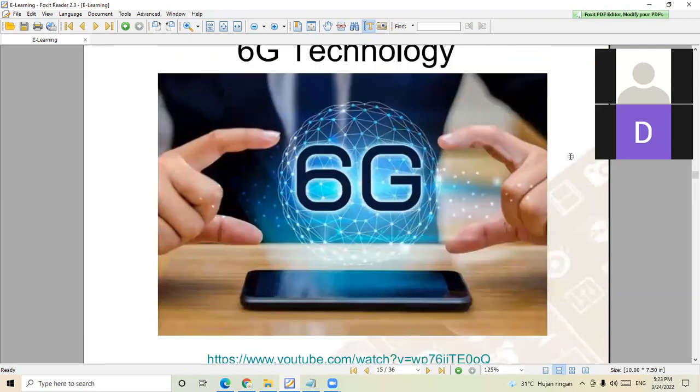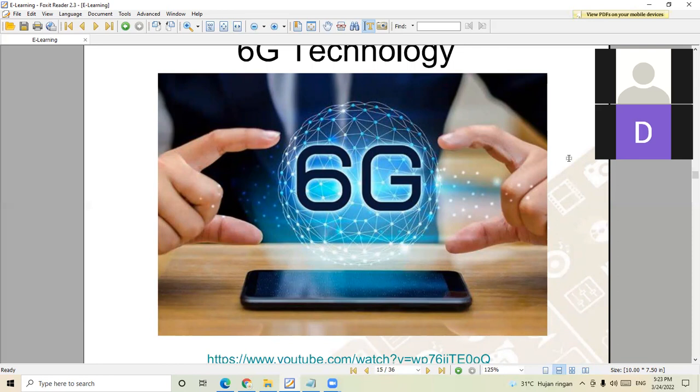Yeah. Talking about technologies in Indonesia, we are starting to change from 4G to 5G, but abroad, especially in China, they're already moving to 6G.